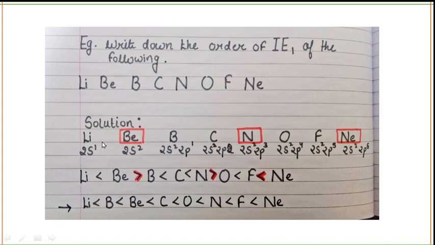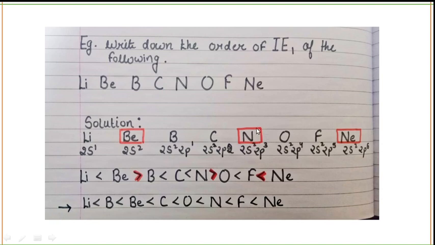So when you write the number of electrons in the outermost shell, you write the electronic configuration of that particular atom. You will get to know about the pseudo noble gas configuration, full filled condition, or about the incomplete configuration. So basically, when you have written the electronic configuration, you get to know that Be has full filled configuration, that is 2s2.